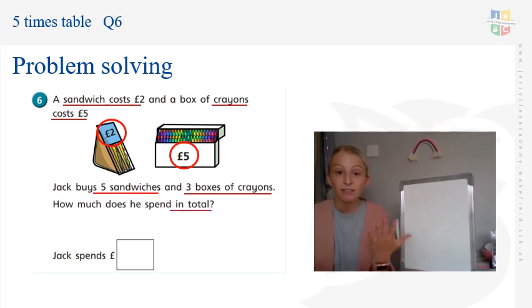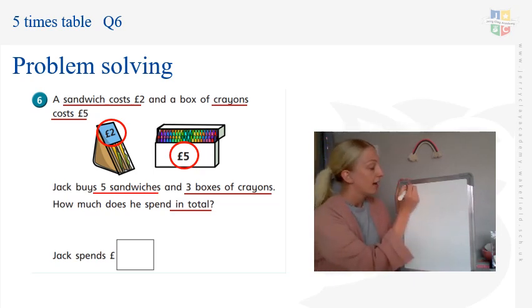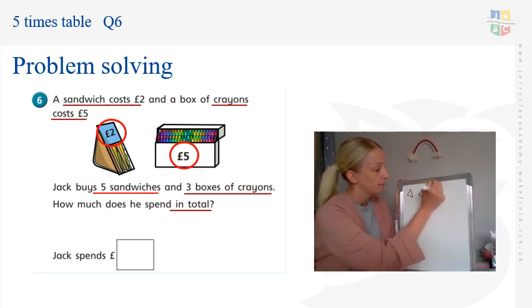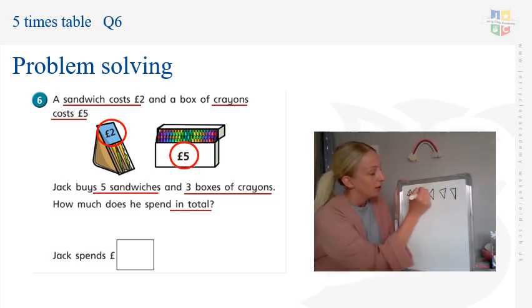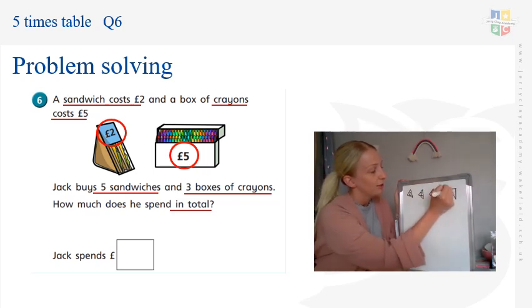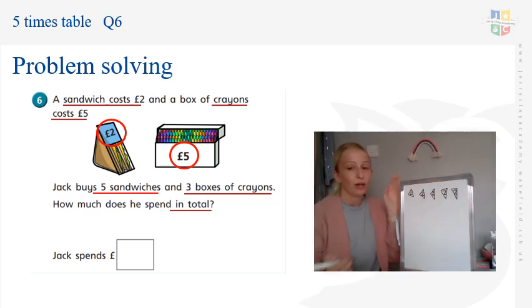So once we've found 5 sandwiches and 3 boxes of crayons, we need to find the total, so we need to add them together. So we know, first thing we need to work out is 5 lots of sandwiches. So if I've got my sandwiches, I'm just going to draw some little pictures to help me. Here are my sandwiches. And each sandwich costs £2, so I'm going to put 2, 2, 2, 2, 2.